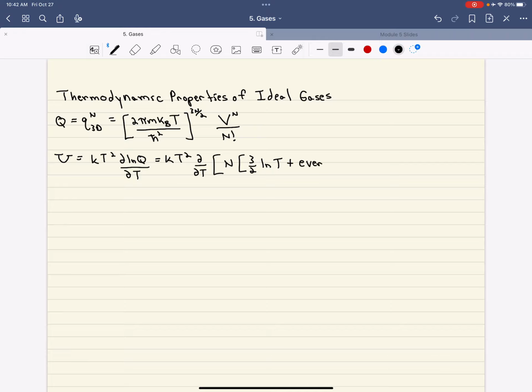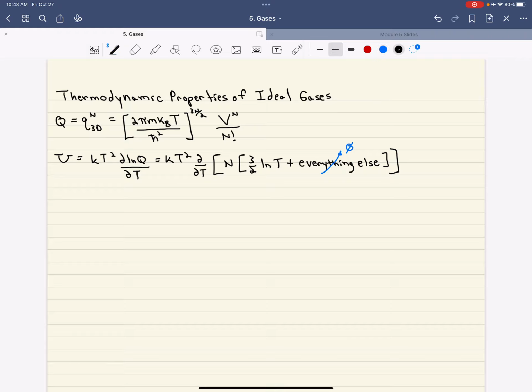I'll just say that everything else in the equation is here. Within these brackets, we're taking the derivative with respect to temperature. This term is the only term with temperature. Everything else is not a function of temperature, so when we take its derivative, it's just going to become 0.